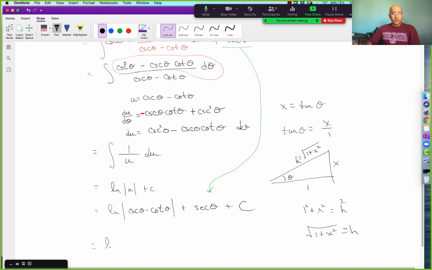So let's go through and replace each one of these. So cosecant, that's 1 over sine. So let's think about sine. Sine is opposite over hypotenuse. So it'll be the other way around. The square root of 1 plus x squared over x is this guy.